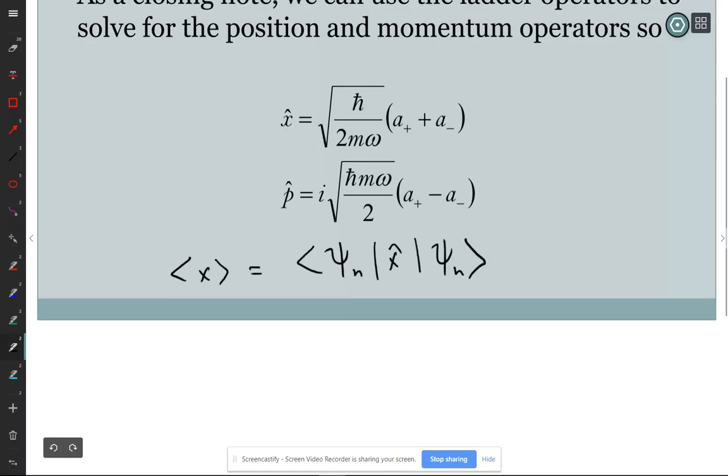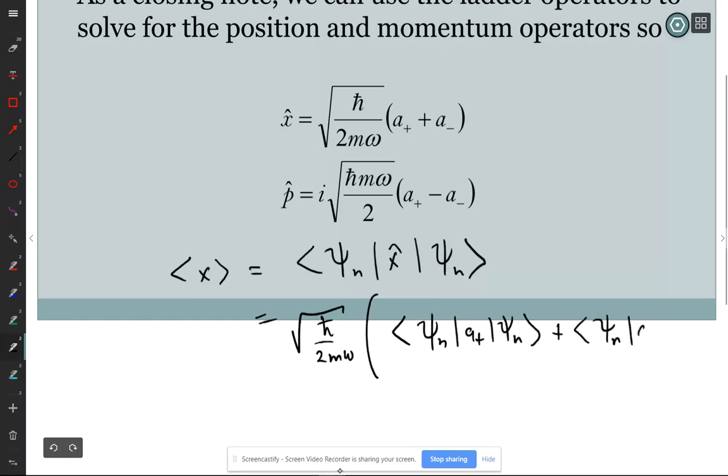So this is how we find the expectation value in Dirac notation. When you have a closed bra and ket, there's an implied integral. And so we have the integral because we have the enclosed bra and ket. And if I put those in, this is trivial.